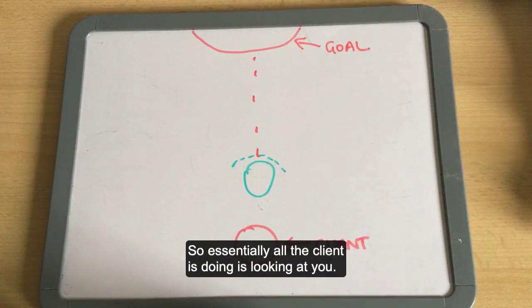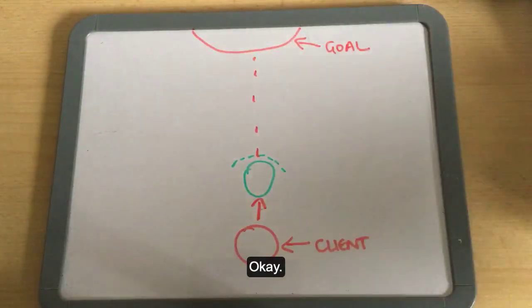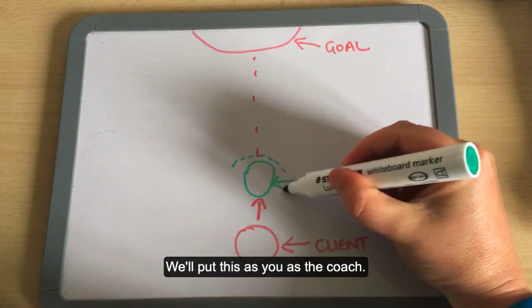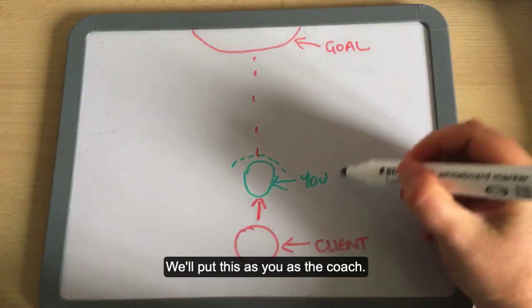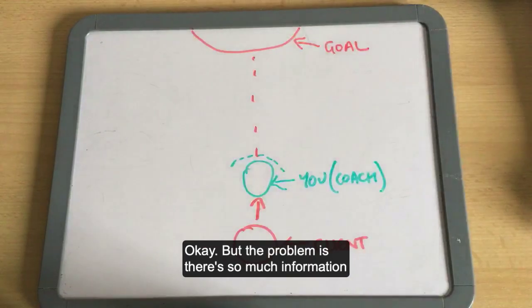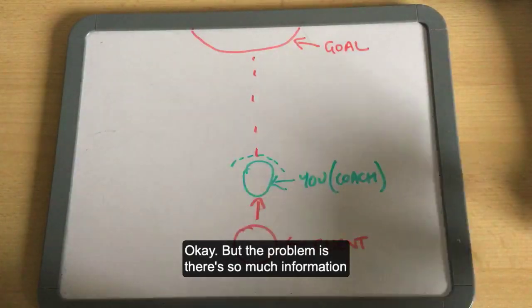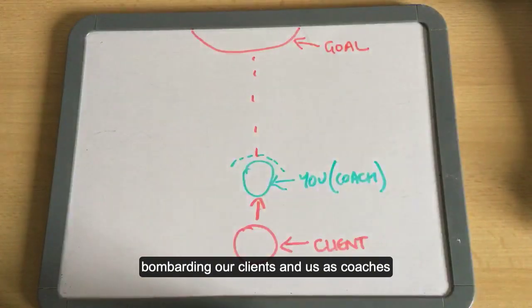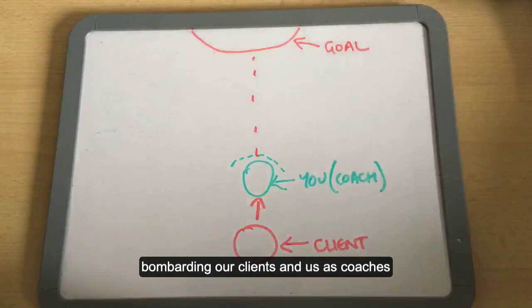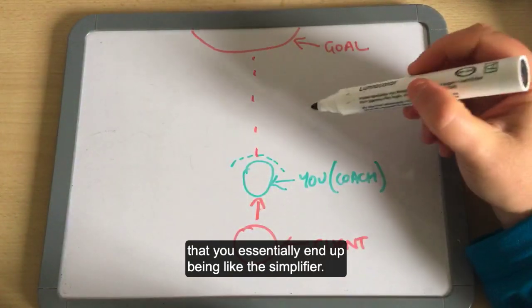So essentially, all the client is doing is looking at you. We'll put this as you, as the coach. Okay, but the problem is there's so much information bombarding our clients and us as coaches that you essentially end up being like the simplifier.